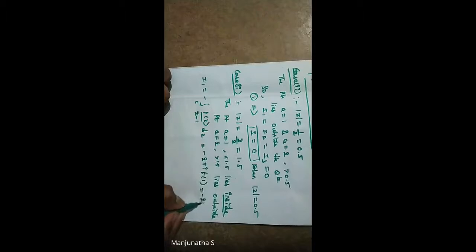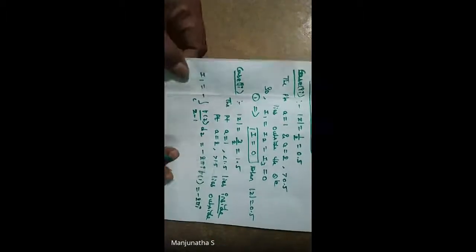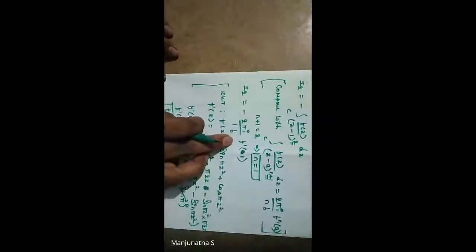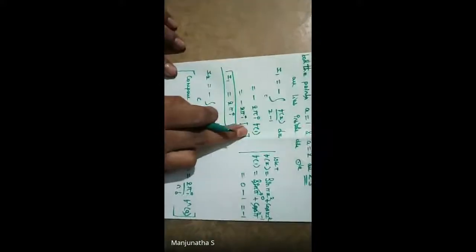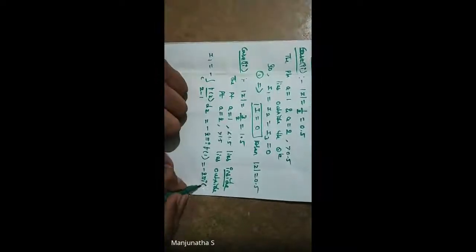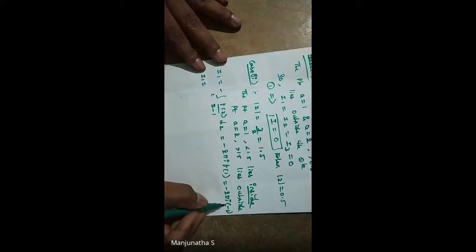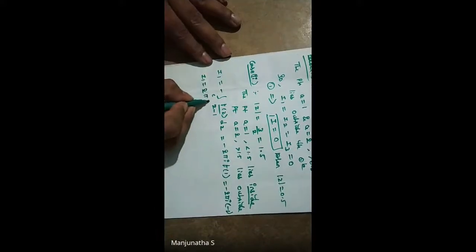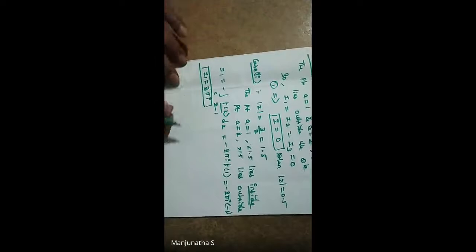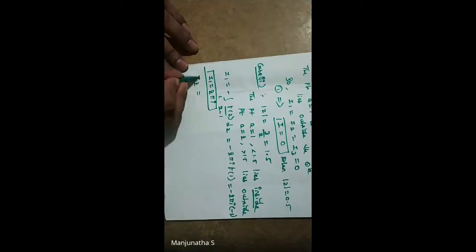So it is minus 2 pi I. Already you know f of 1. What is f of 1? F of 1 is minus 1. So it is 2 pi I. So directly I1 value we can take there. So it is minus 1. So therefore I1 is equal to minus into minus plus 2 pi I. Okay. Next we'll go for I2.